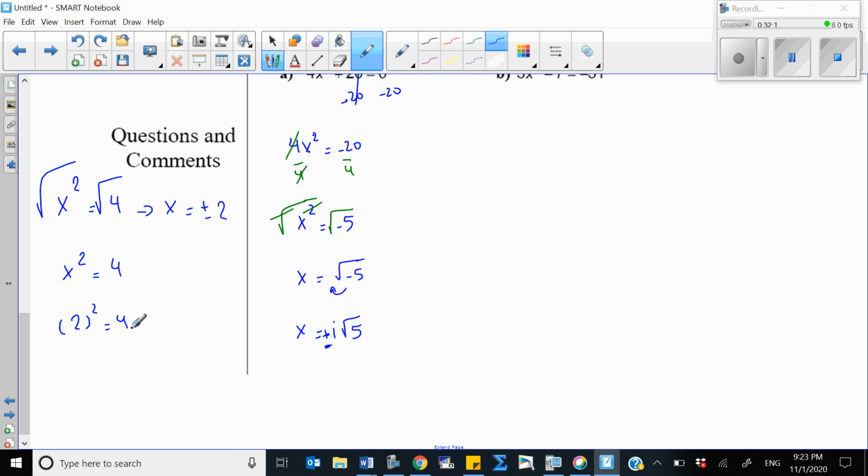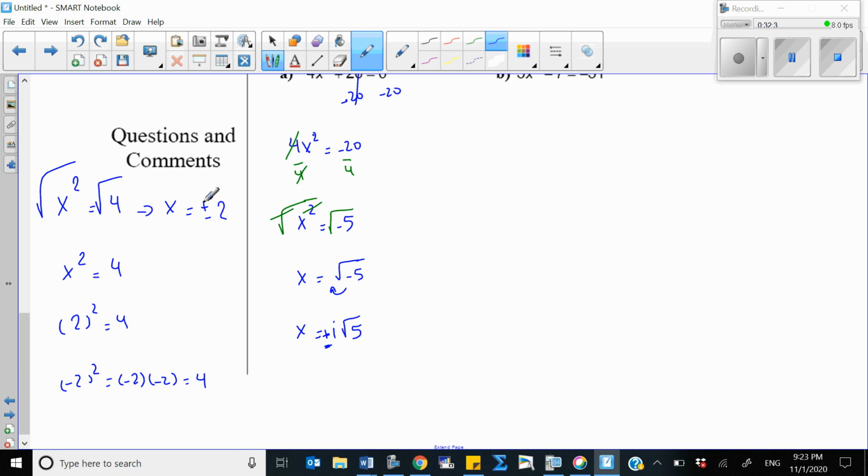Yes, 2 squared is equal to 4. But on the other hand, negative 2 is also another solution, because negative 2 times negative 2 is 4.